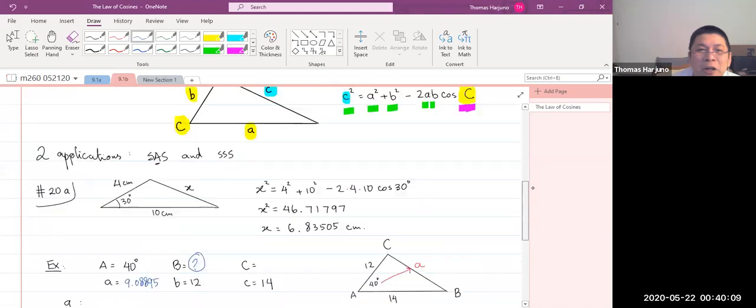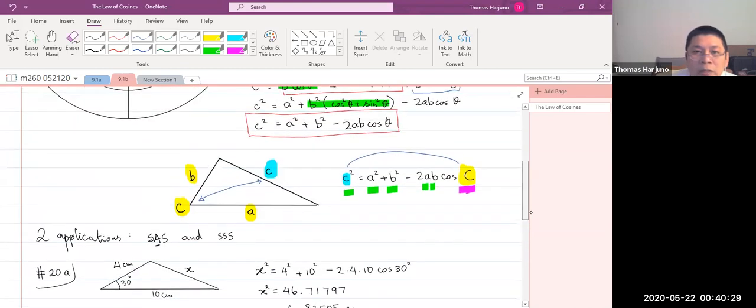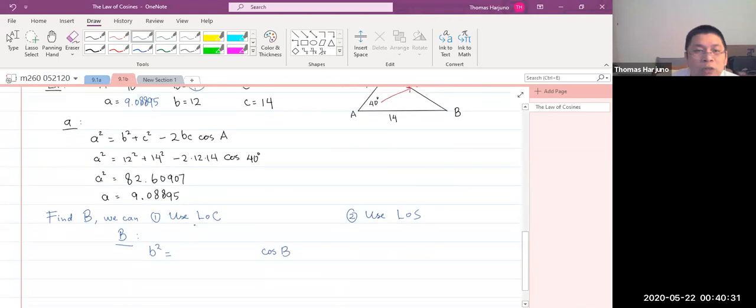Okay. When I say that here, like side C and angle C on the opposite, not only in the triangle, but also in the equation. In the equation, angle C and side C are on the opposite sides. Okay, that's what I actually said earlier.